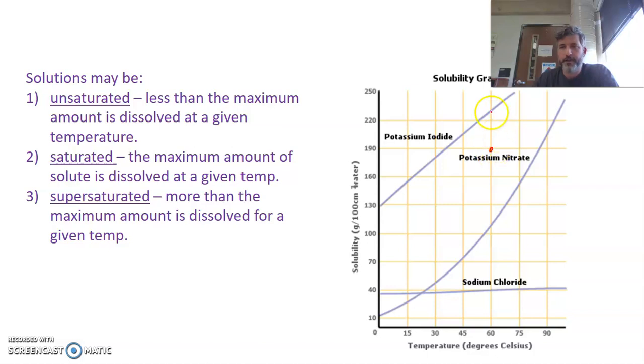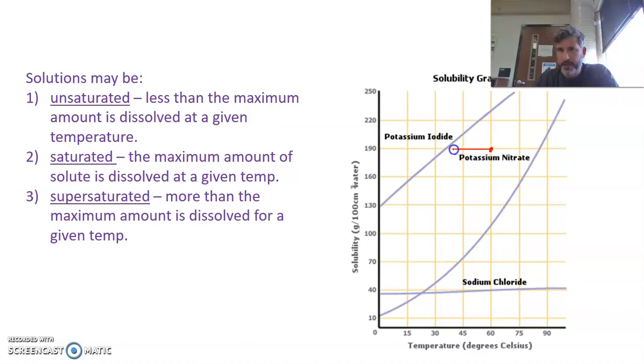Hopefully you're thinking unsaturated, because I'm well below the line. At 60 degrees Celsius, I expect to be able to dissolve about 230 grams of that substance. So it's unsaturated.